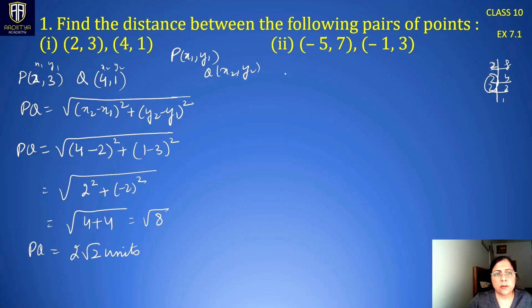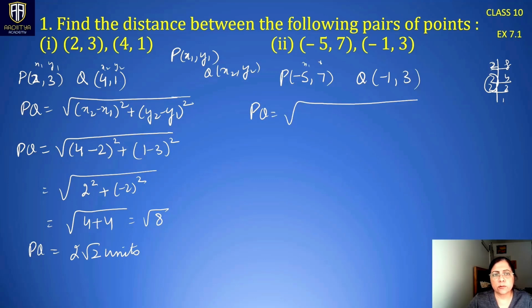In the second case, let P be (minus 5, 7). You can denote any other letters also like A, B or C, D. P is (minus 5, 7). Q is (minus 1, 3). So PQ here becomes: this is (x1, y1), this is (x2, y2). (Minus 1 minus minus 5) whole square, then (y2, which is 3, minus 7) whole square.